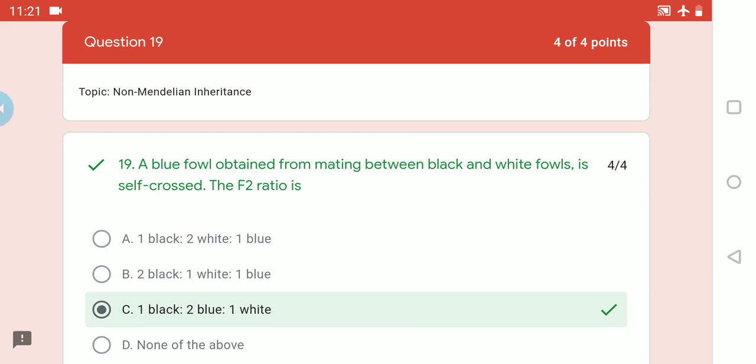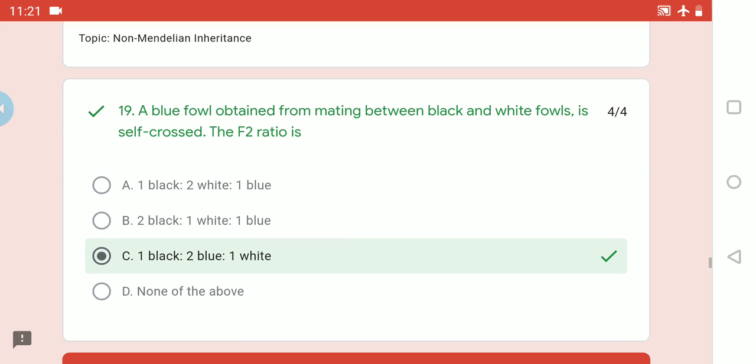The next question: a blue foal obtained from a mating between black and white foals is self-crossed. The F2 ratio? So remember this question. How to remember: a blue foal obtained from mating between black and white.